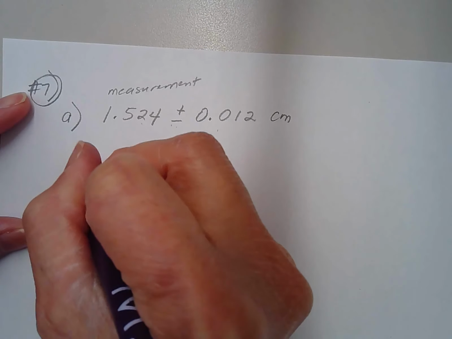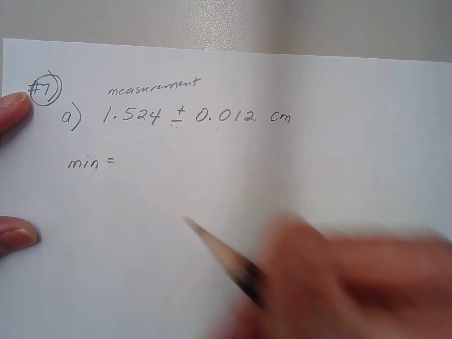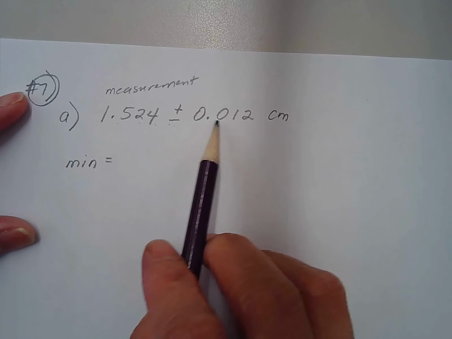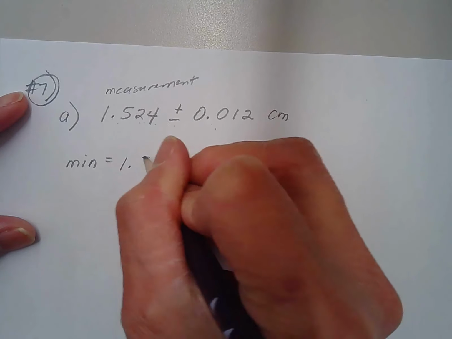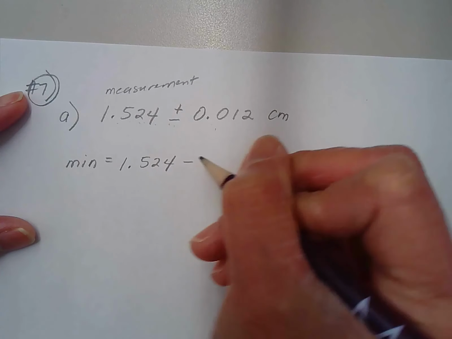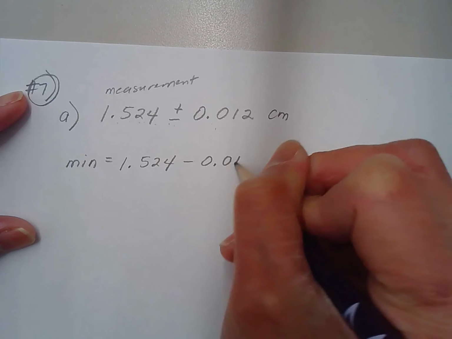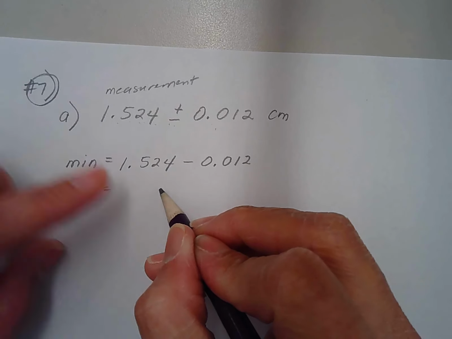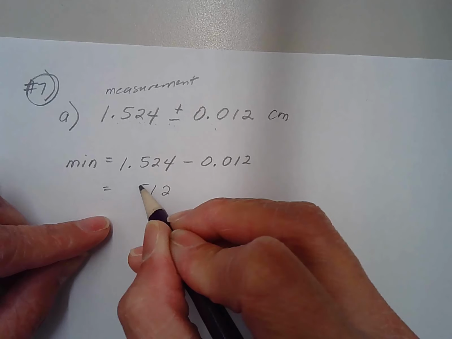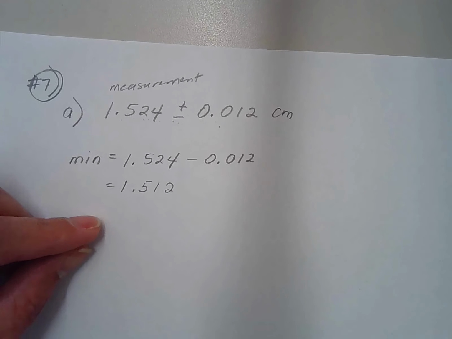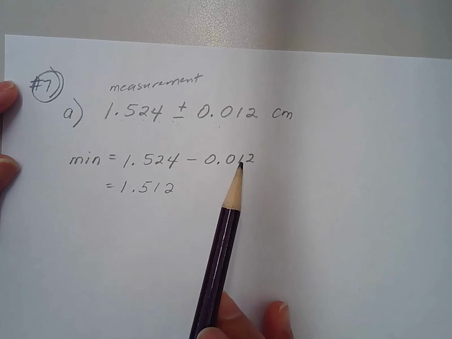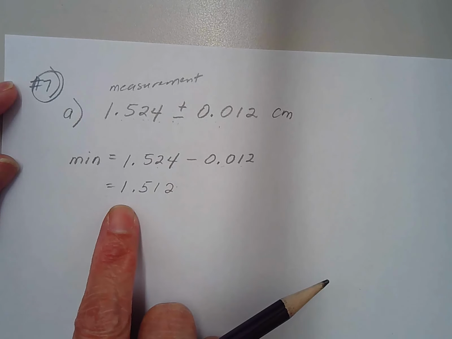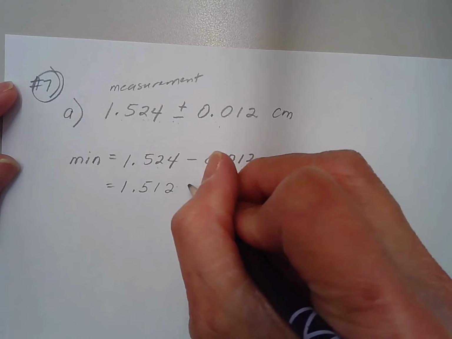So let's figure out the minimum first. So 1.524 take away 0.012. The minimum is 1.512 centimeters.